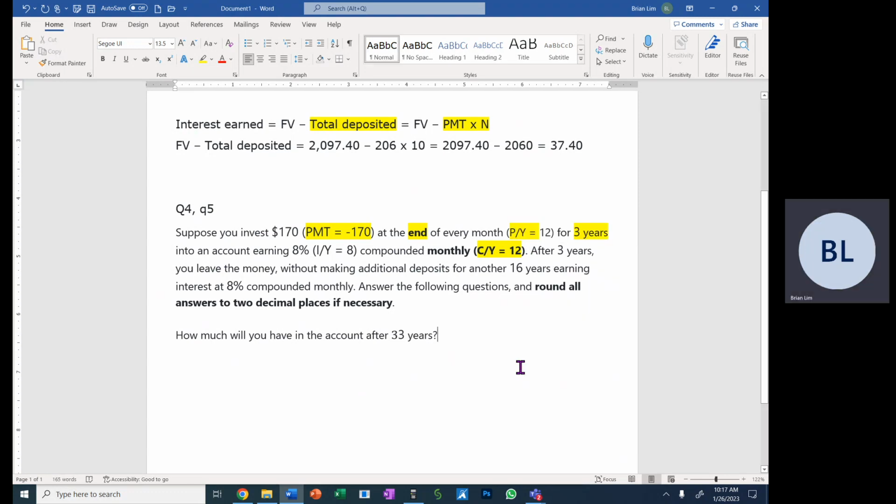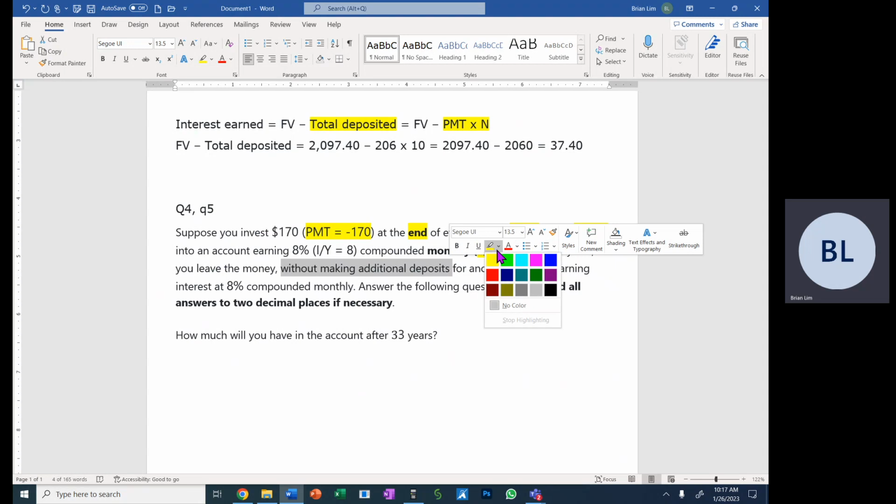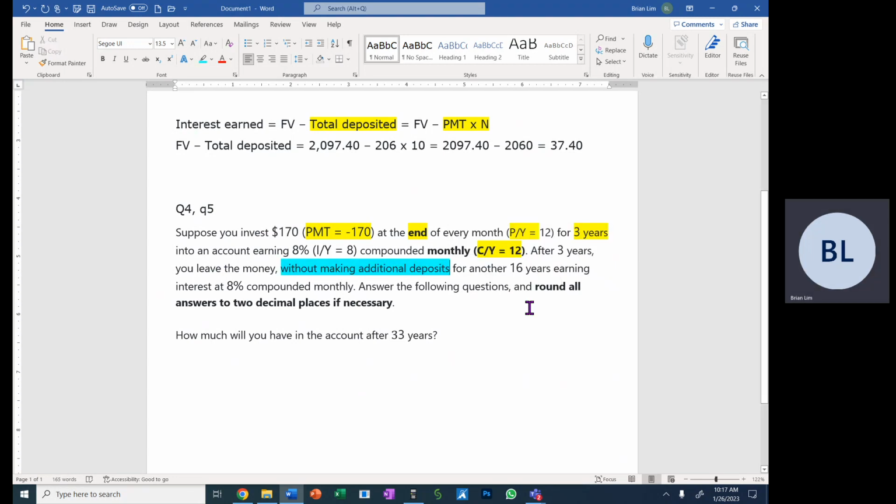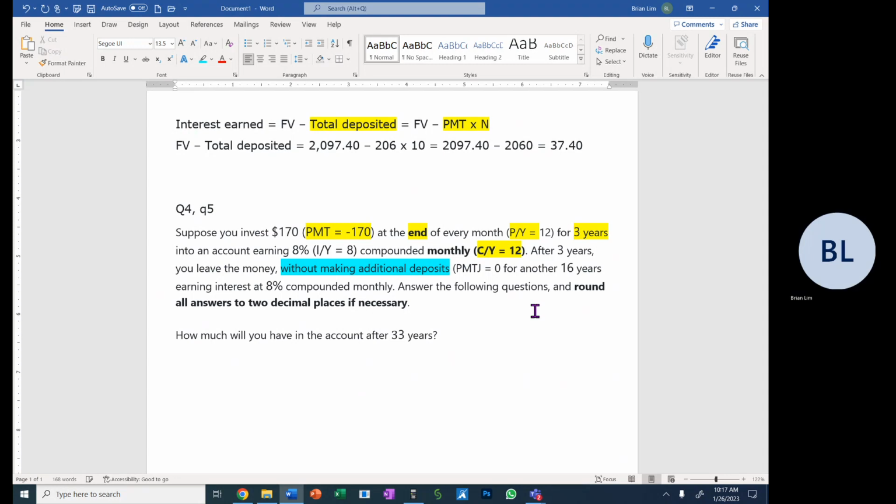After 3 years, you leave the money without making additional deposits. That is important. That means at that point in time, the payment is equal to 0, for another 16 years.